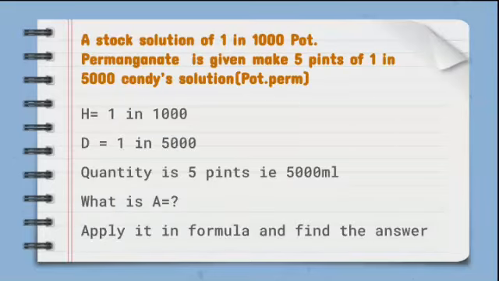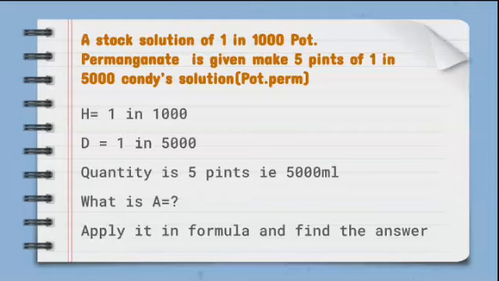And the next question here: a stock solution of 1 in 1000 potassium permanganate is given to make 5 pints of 1 in 5000 Condy's solution, that is potassium permanganate solution.